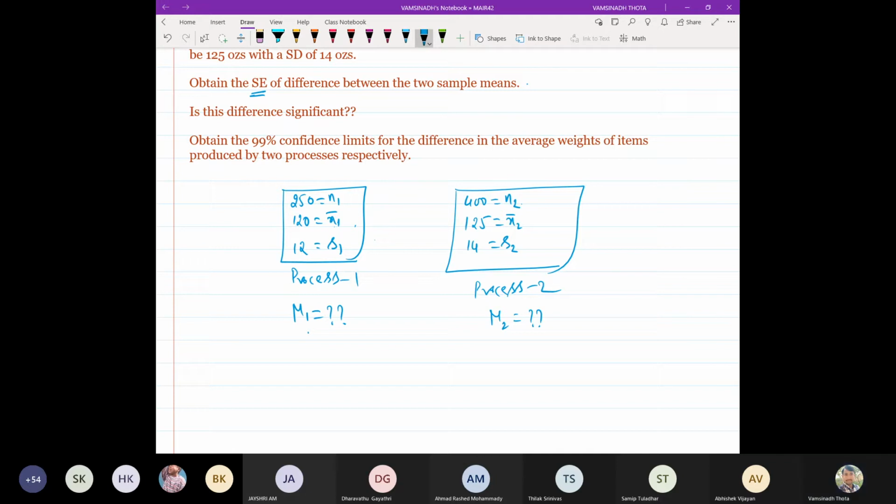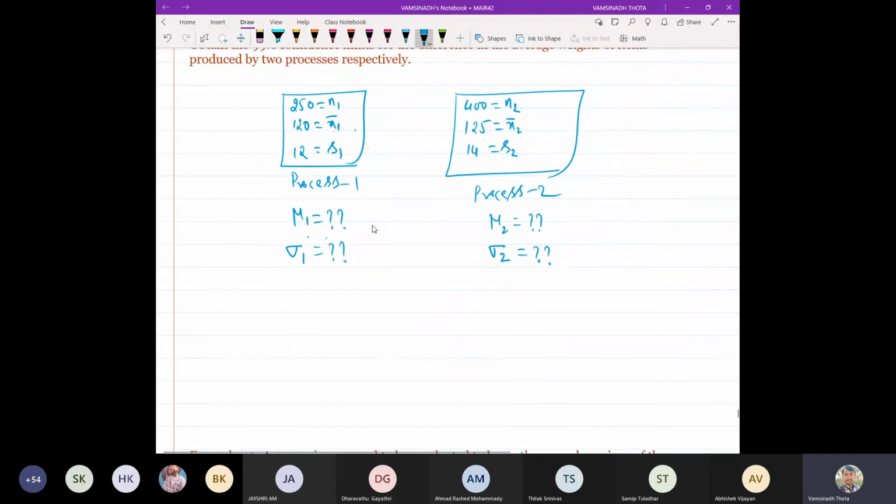And not only that, sigma 1 is not given and sigma 2 is also not given. Now, the very first thing, we need to obtain the standard error of the difference between the two sample means.